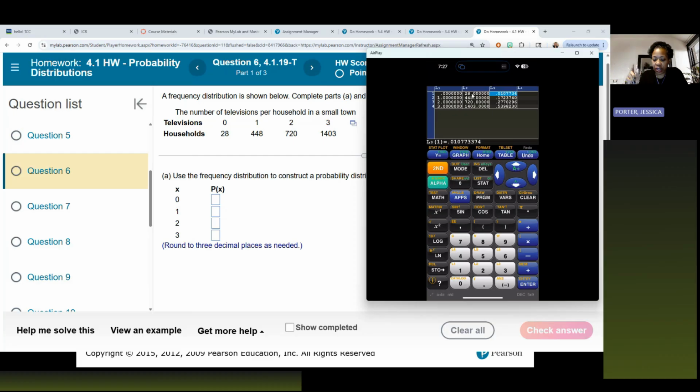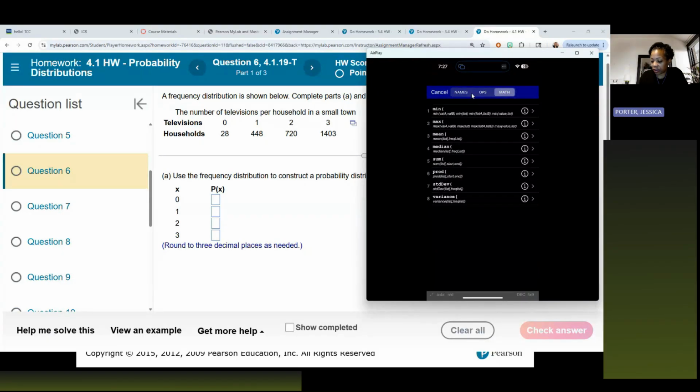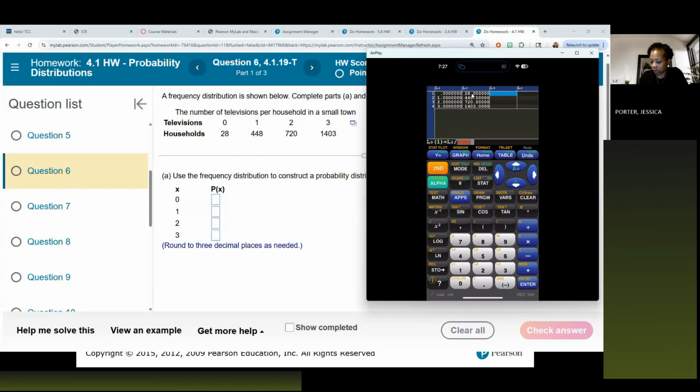So again, it was second 2 to get list 2. Let me just clear it and do it again. Second 2 to get list 2, divide by second stat, math, sum, and then second 2 again to get to L2 and enter.